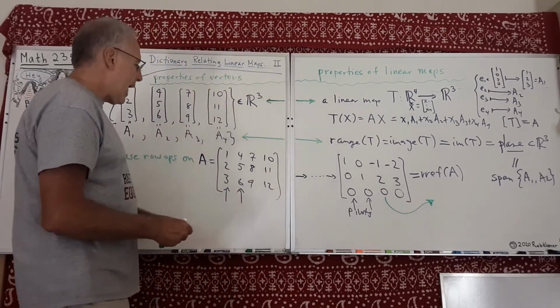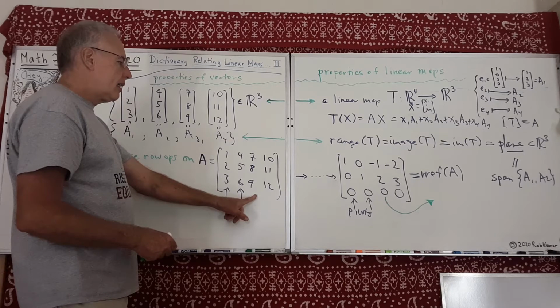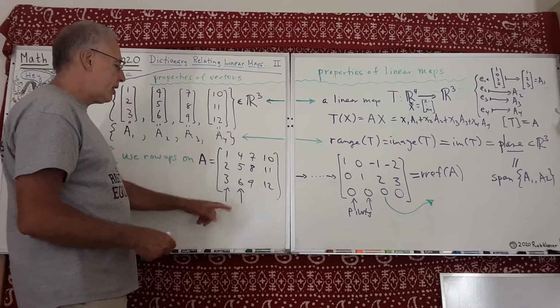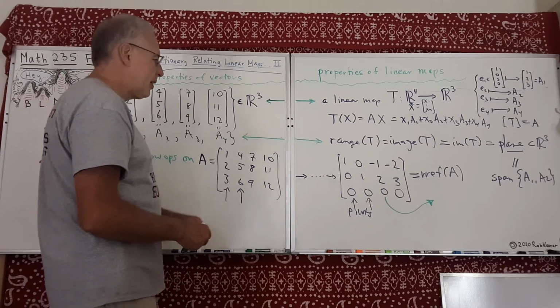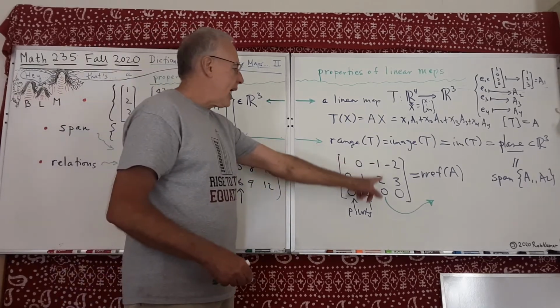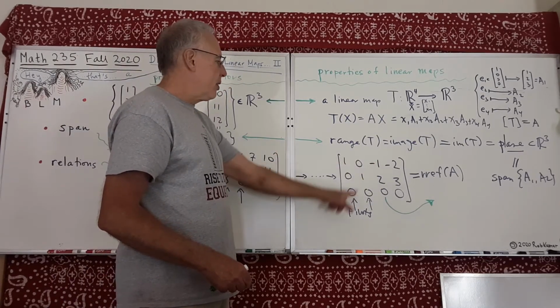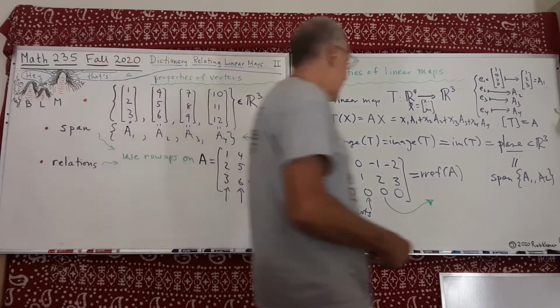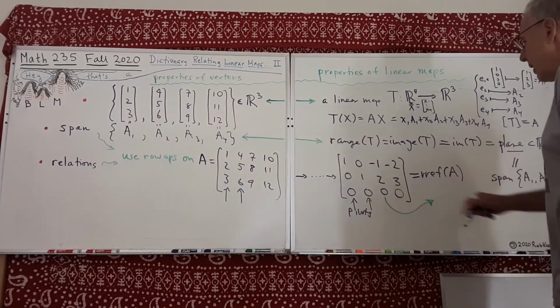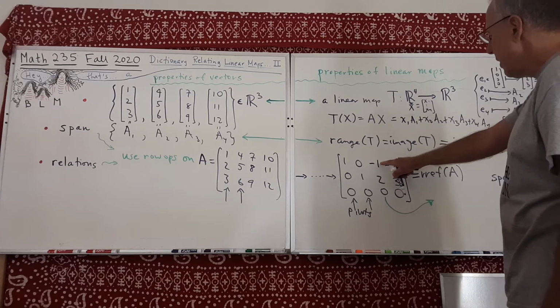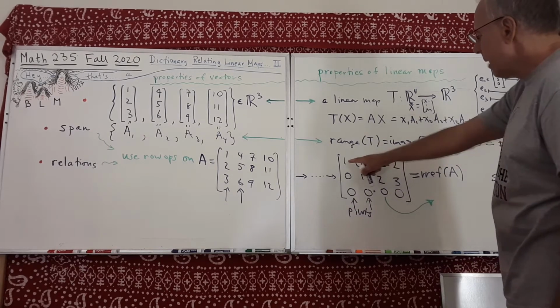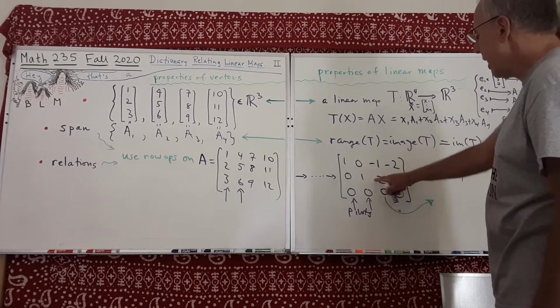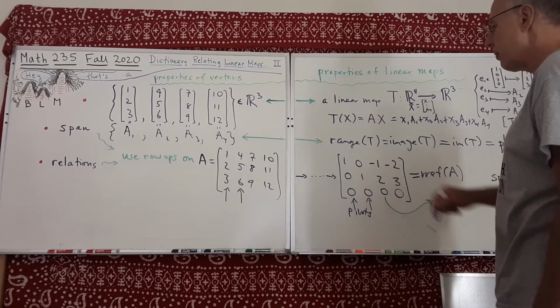A3 is the same linear relation to A1 and A2 as this guy is to the reduced pivot columns. Let me just indicate this, and I want you to check this. Notice this is -1 times the first column, 2 times the second column.